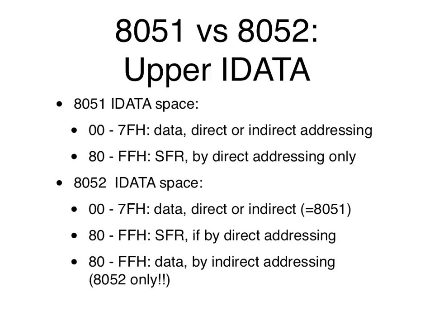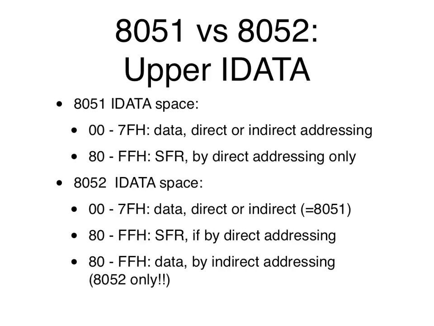Okay, so just a summary. iData space, original 8051, from 0 to 7F, that's for data. You can do direct addressing or indirect addressing, right? So either the R or the @R0, @R1. Now 80 to FF, that's for SFR only, and that's direct addressing only.